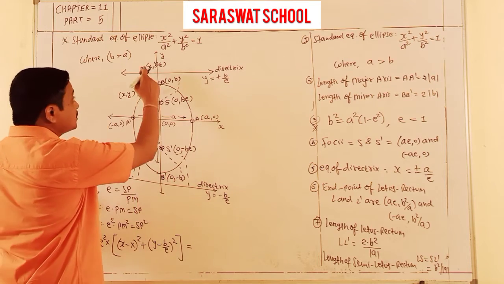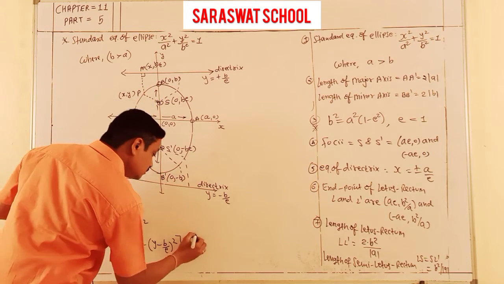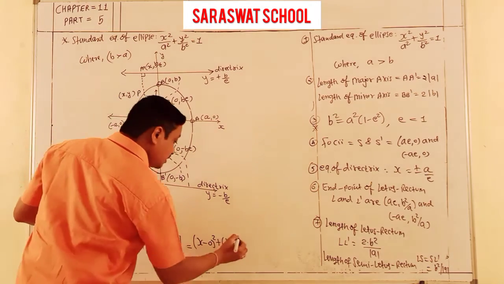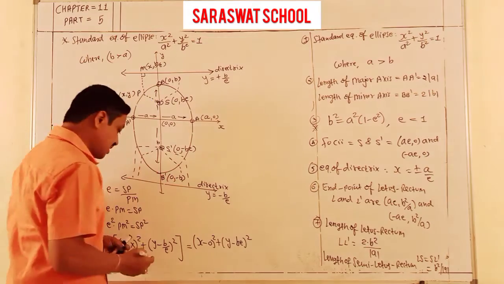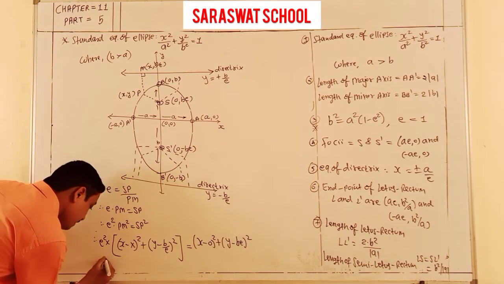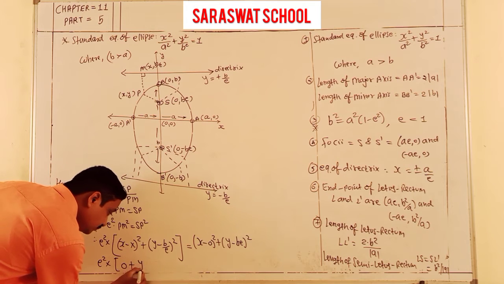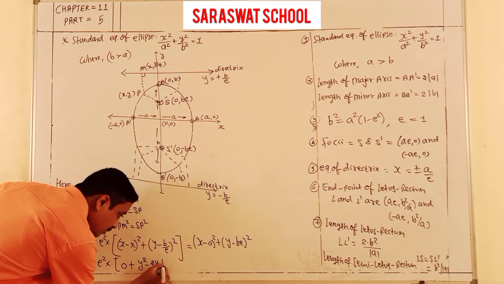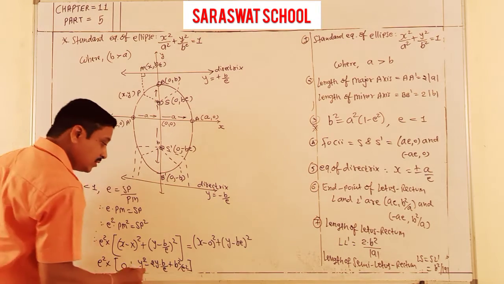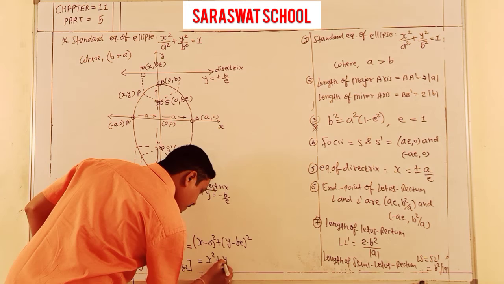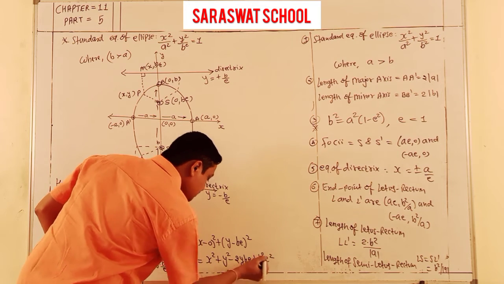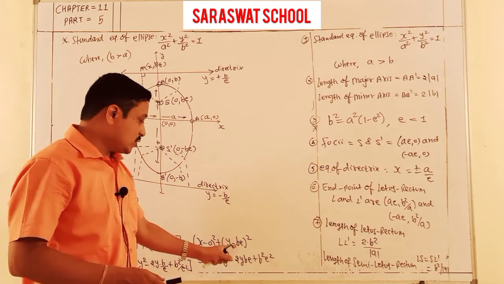Similarly, now S to P, this distance: x minus 0 square and y minus b whole square. And now you expand all the steps. So here e square, that is 0, y square minus 2y b by e plus b square by e square, and this side x square plus y square minus 2yb plus b square.